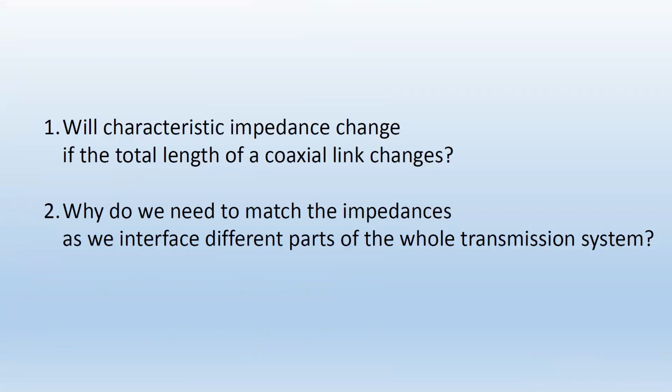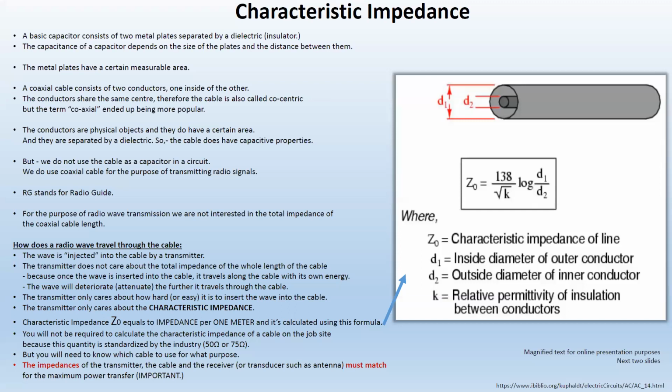Now, why is it important that the impedances match? The two most common impedances, by the way, in coaxial cables are 50 ohms and 75 ohms.